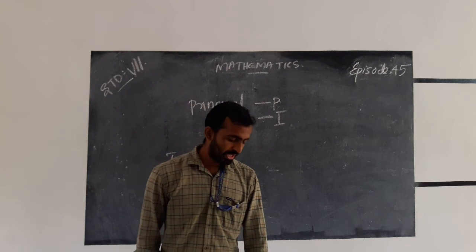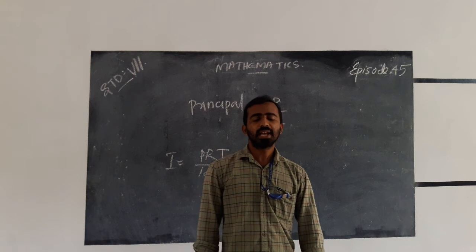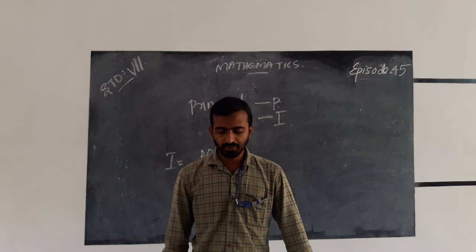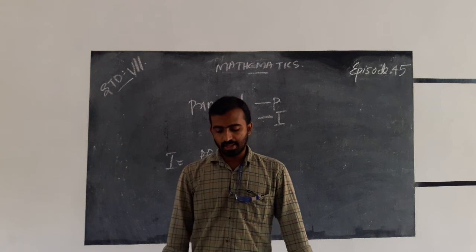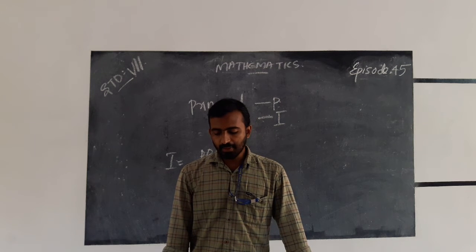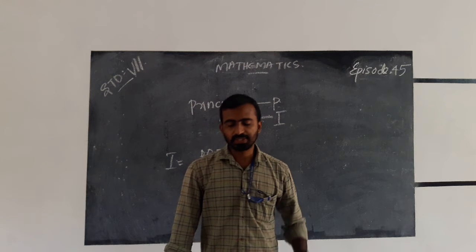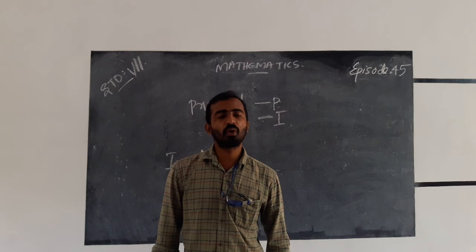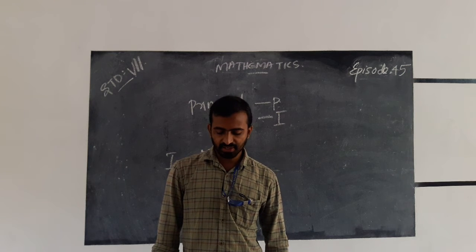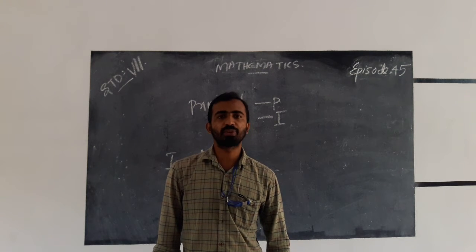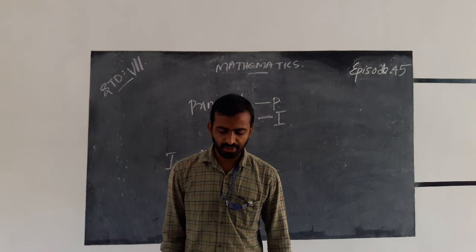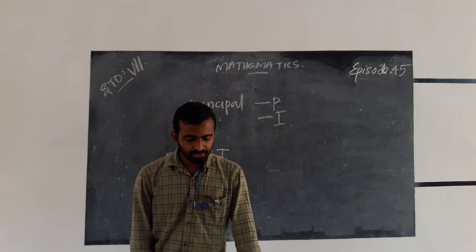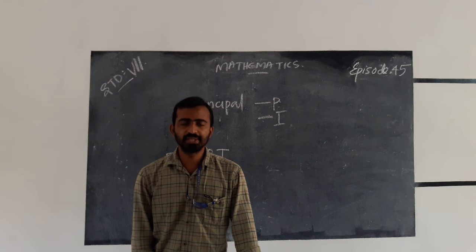Next, for example, if Manohar pays an interest of 750 for 2 years on a sum of 4,500, find the rate of interest. We can find it in two ways.